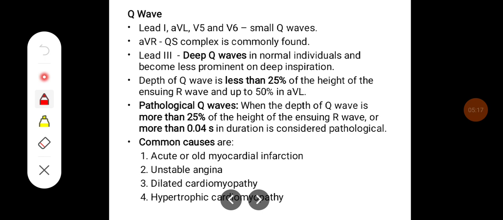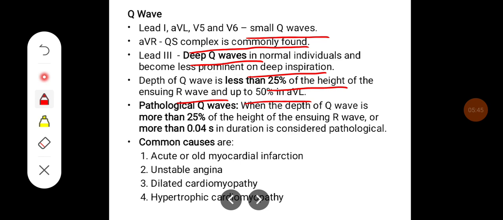Q wave in leads 1, aVL, V5 and V6 is small. In aVR, a QS complex is commonly found. In lead 3, there can be deep Q waves in normal individuals, which become less prominent on deep inspiration. The depth of the Q wave is less than 25% of the height of the ensuing R wave, and up to 50% in aVL.